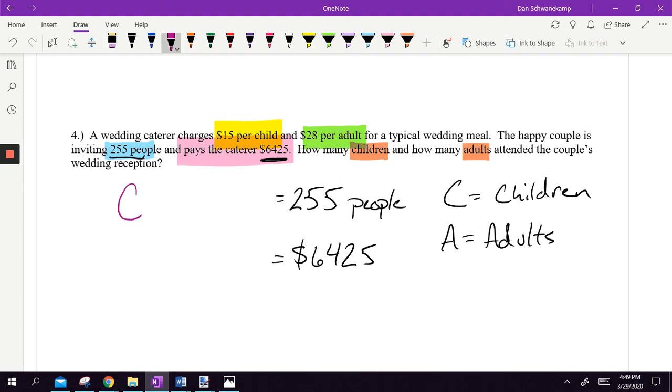You take the amount of children plus the amount of adults, and when you add those two together, you should get 255. The second one, we're thinking about money. So to get the amount of money, it is each child times 15. That old per right there normally means multiply. 15 per child plus 28 per adult. Boom, put those together. That's going to get me my answers here. We do elimination. We go from there.